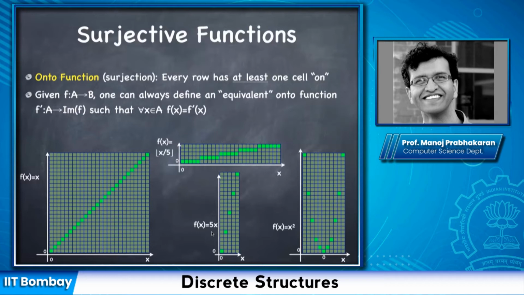Okay. All right. So that's onto functions. By the way, the formal definition of an onto function would be that a function f from A to B is onto if for every y in the codomain, there exists an element x in the domain such that f(x) equals y.